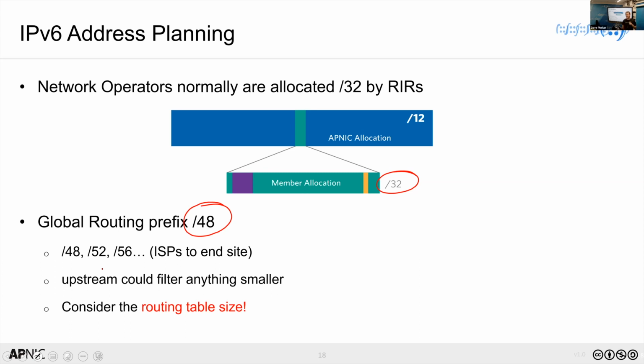The reason we say that is think about the size of the global routing table. If you look at the current global routing table, we're sitting, depending on where you are on the internet, anywhere between about 850 to 930,000 IPv4 routes and about 140,000 V6 routes.